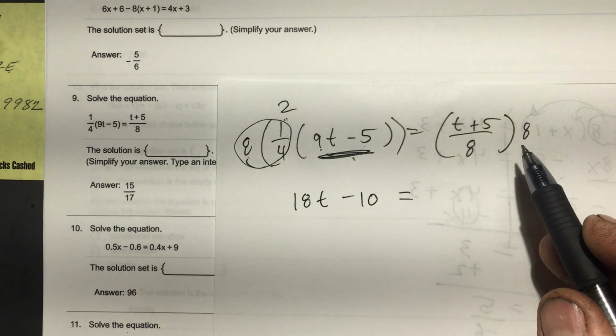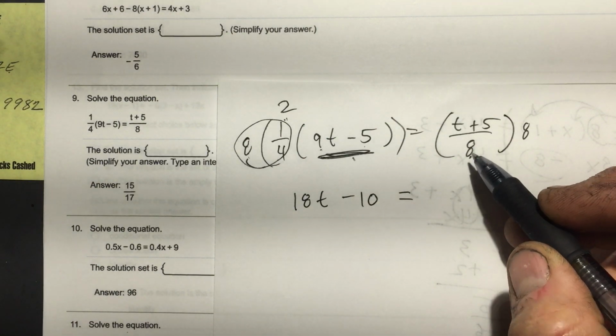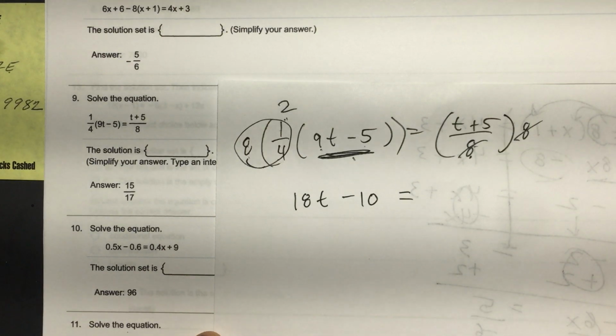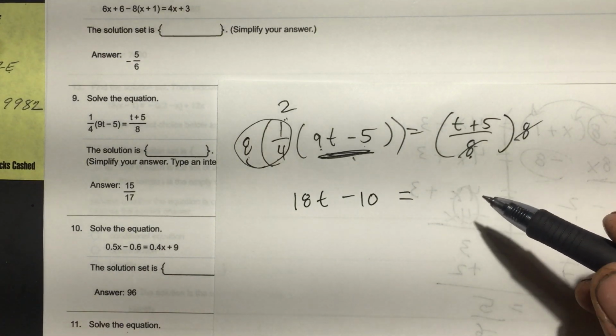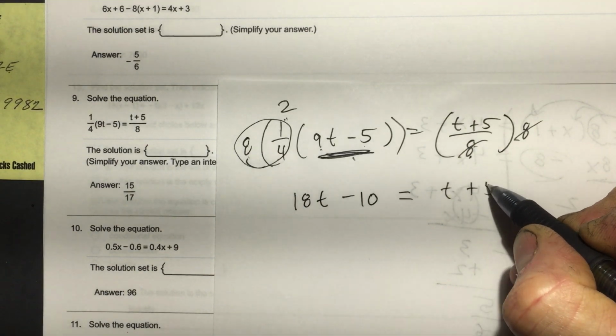Over here on this side, when I multiply by 8, well, I'm dividing by 8 right here. So these cancel like we've done earlier already. And that just gives me t plus 5.